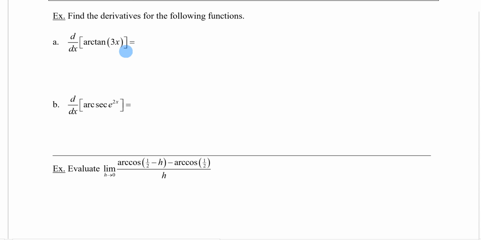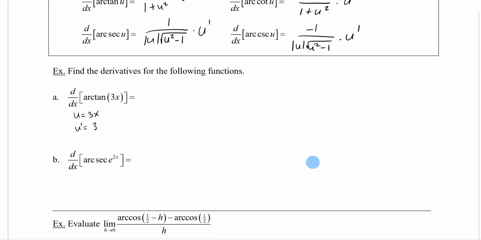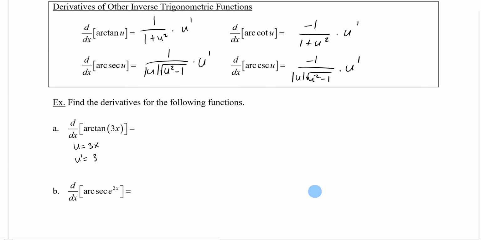So here I need to identify what is my u and what is my u prime. So if I use the derivative rule for arctangent, it is 1 over 1 plus u squared times u prime.